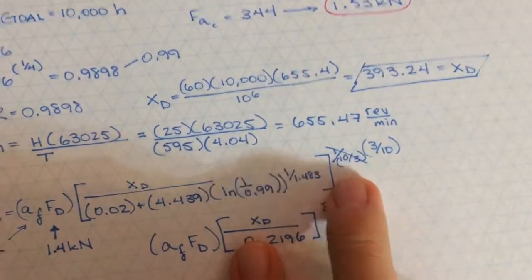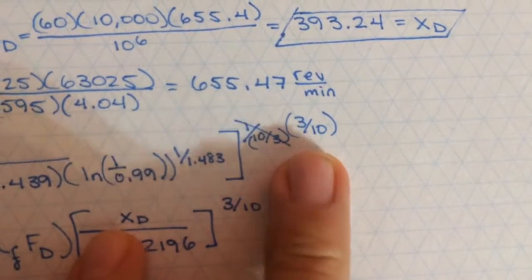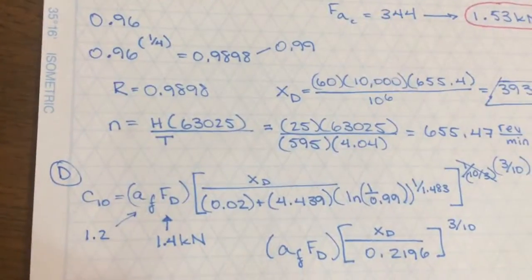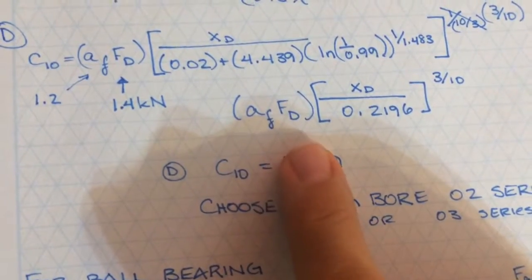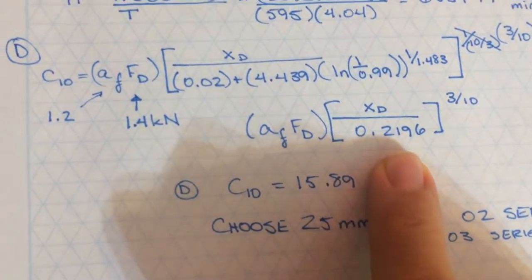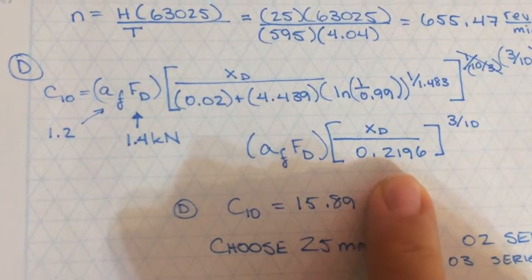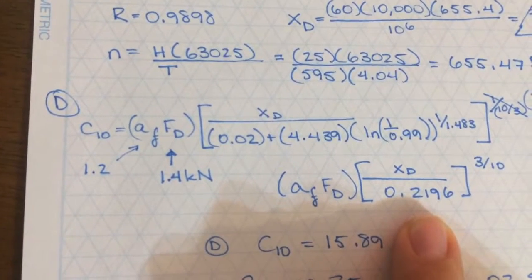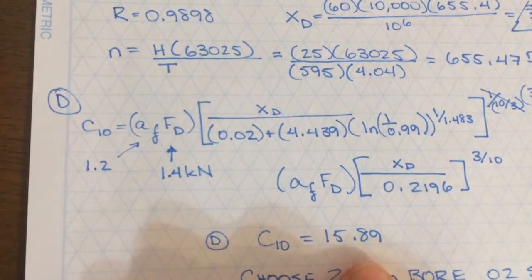So the inverse of that, 1 over 10 over 3, is just the exponent of 3 over 10. So I punch it in, I just find out the denominator so I don't have to punch it in again, all that stuff is 0.2196. And I get that C equals 15.89.